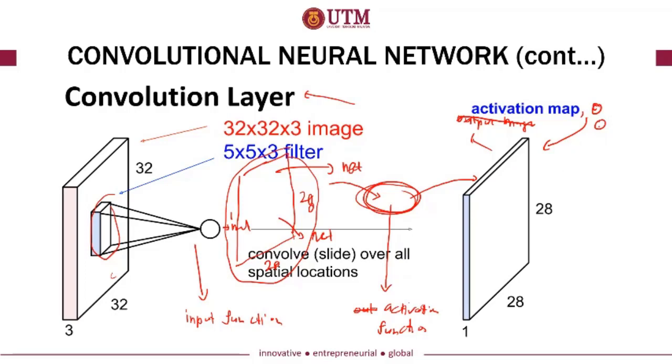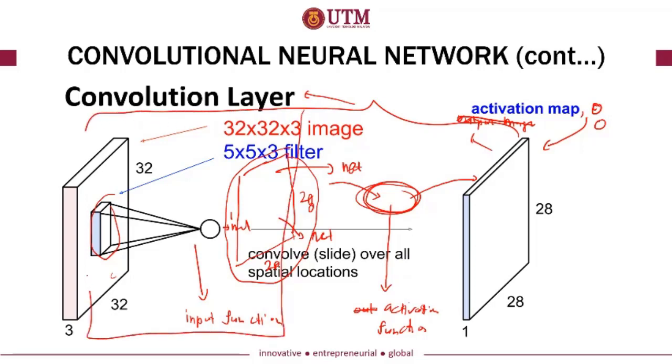It's not a net matrix, it's an O matrix. Because in CNN, by default, the convolution layer does not just involve a convolution, which is this part. It also includes the activation function here.